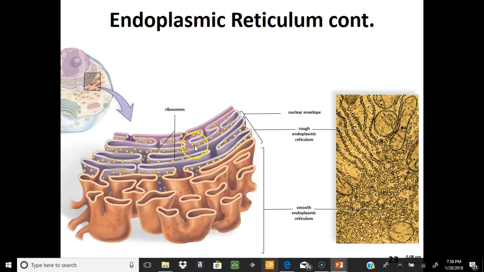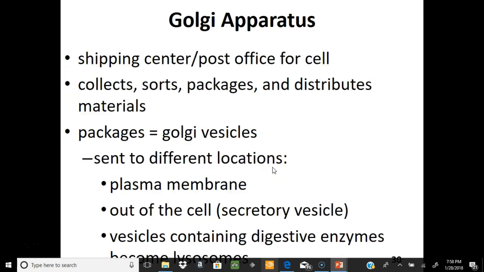And so here you see the rough ER, and then that leads out to the smooth ER, and the smooth ER next to that is typically the Golgi, which is right there. So you see smooth ER to the Golgi. The Golgi apparatus is kind of like the post office of the cell. It takes in the proteins produced on the rough ER, and then it packages those proteins and sends them out to the different areas.